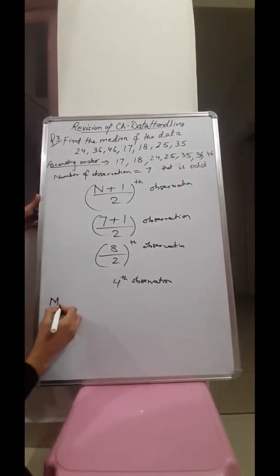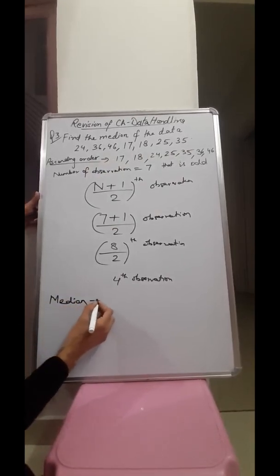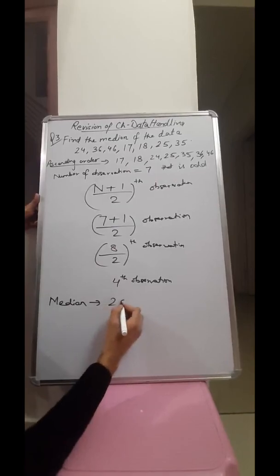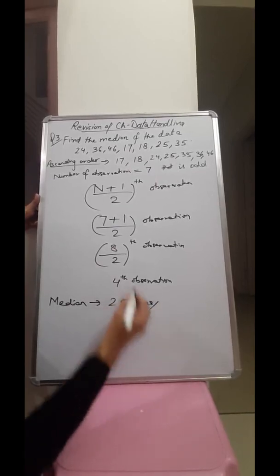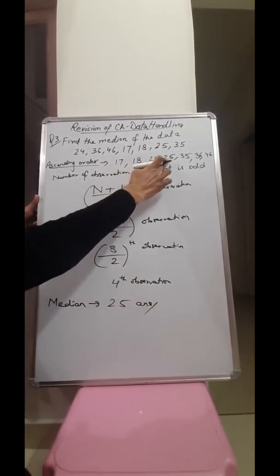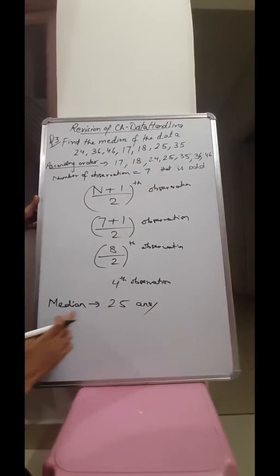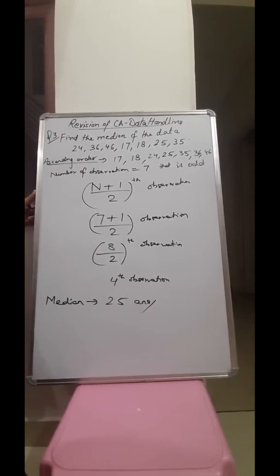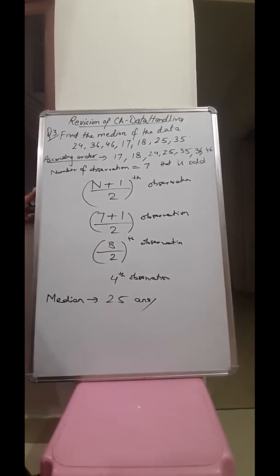The number at the fourth position, 1, 2, 3, 4, is 25. So the median will be 25. In this way, we can find the median of the given data.